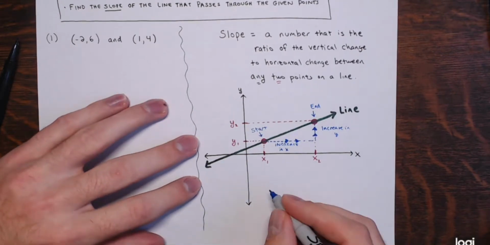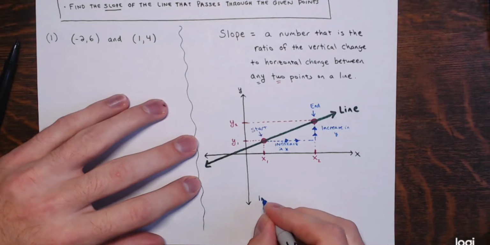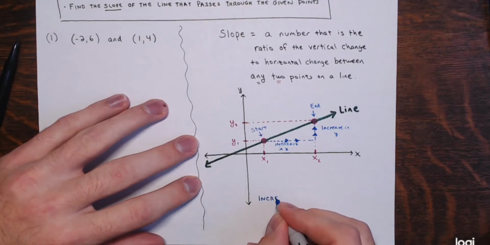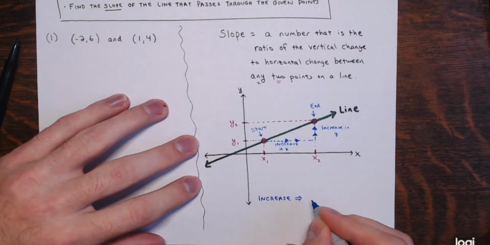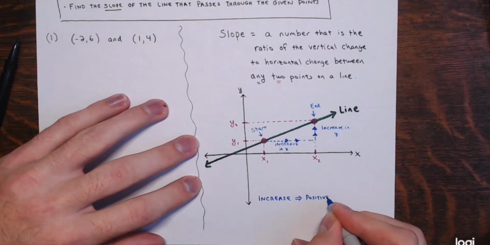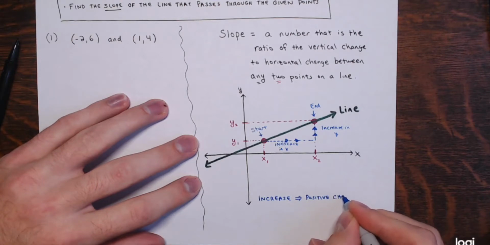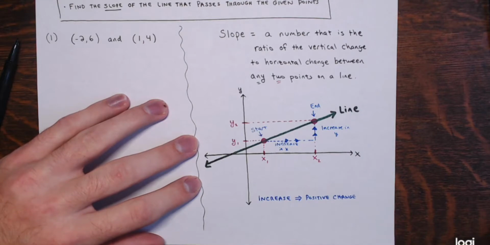Right? And for slope calculations, increasing is a positive change. You'll end up with a positive value for how much you have changed. An increase is a positive change.